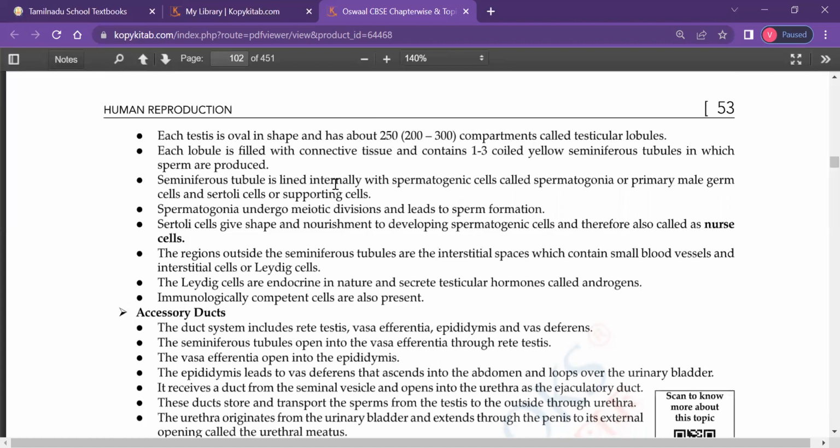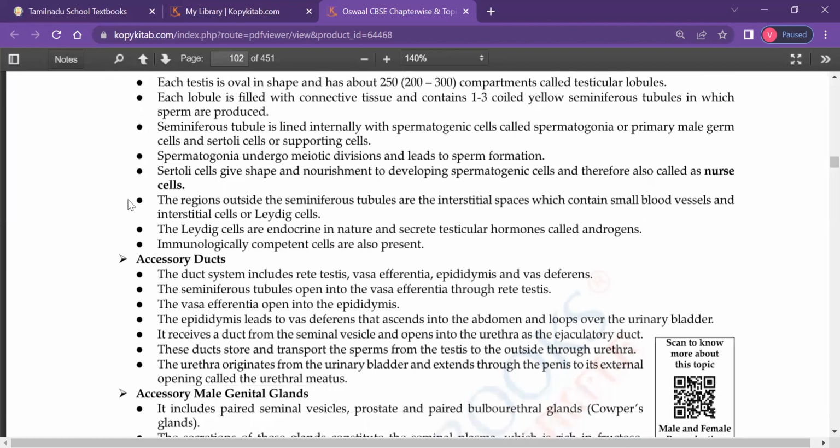Seminiferous tubules are lined internally with spermatogenic cells called spermatogonia, the primary male germ cells, and Sertoli cells, the supporting cells. Spermatogonia undergo meiotic division and lead to sperm formation. Sertoli cells give shape and nourishment to developing spermatogenic cells, and therefore they are called nurse cells.